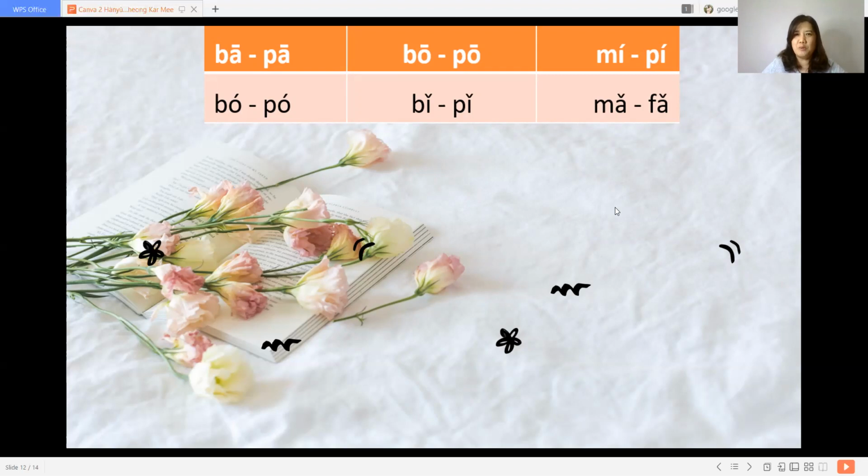BO second tone, po. Same thing. Can you feel the air come out from your mouth? Then continue with BI third tone, bi. MA third tone, ma.